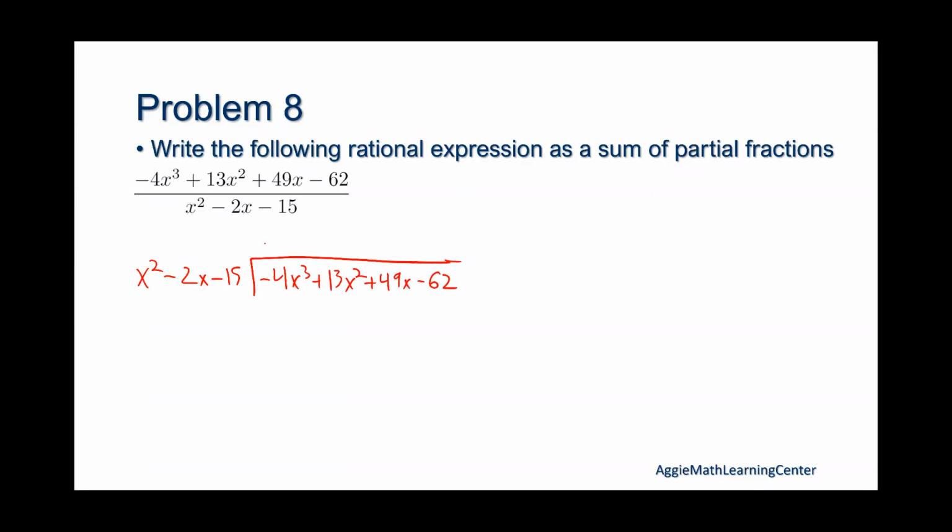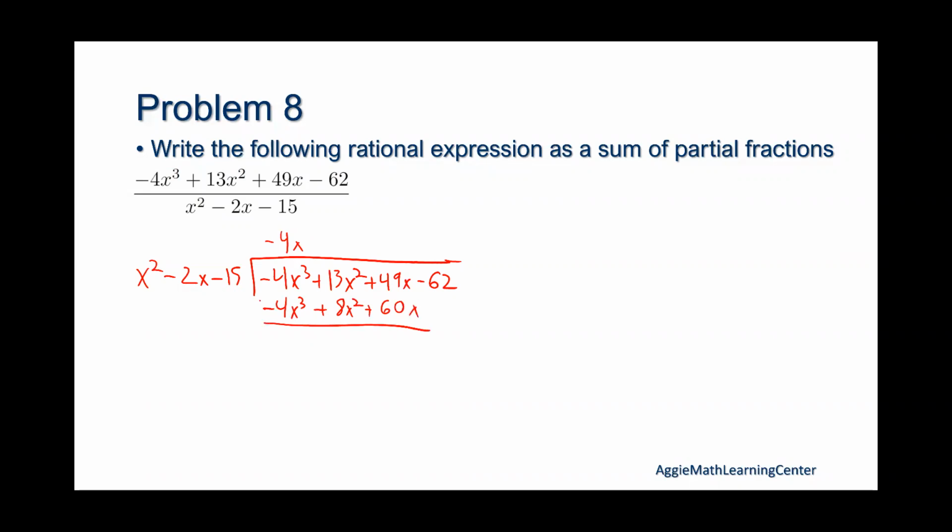So that's going to give us a negative 4x here. Negative 4x times x squared gives us a negative 4x cubed. We have to multiply by the whole thing. So negative 4x times negative 2x is positive 8x squared. And then the last term is going to be positive 60x.